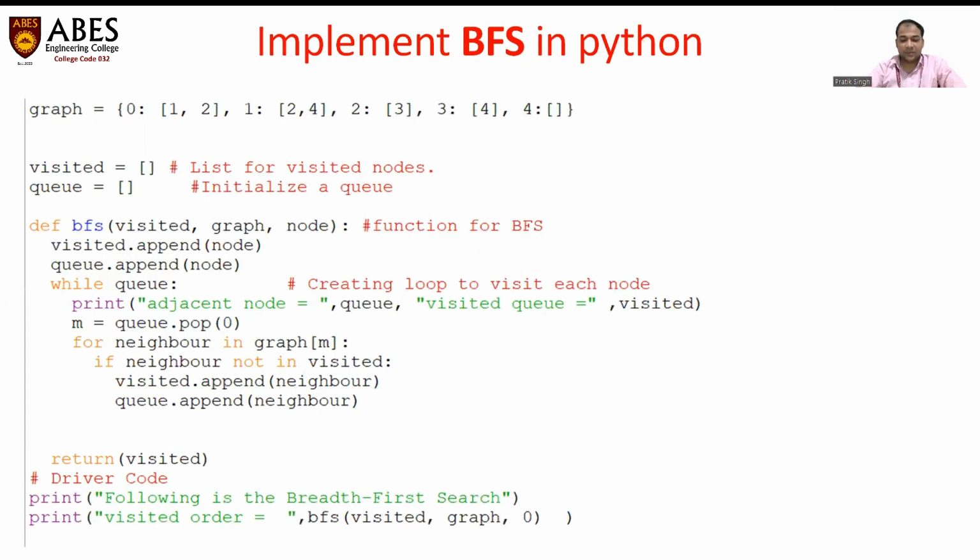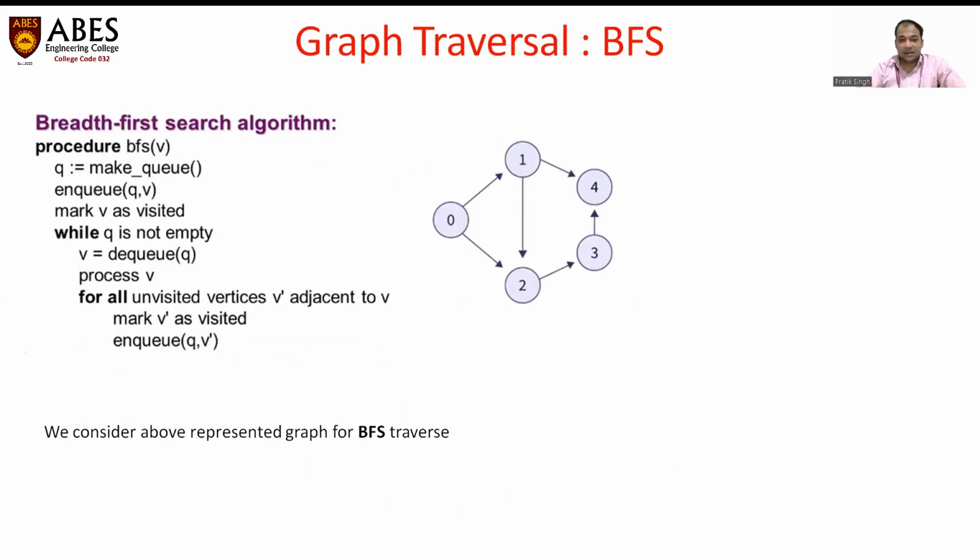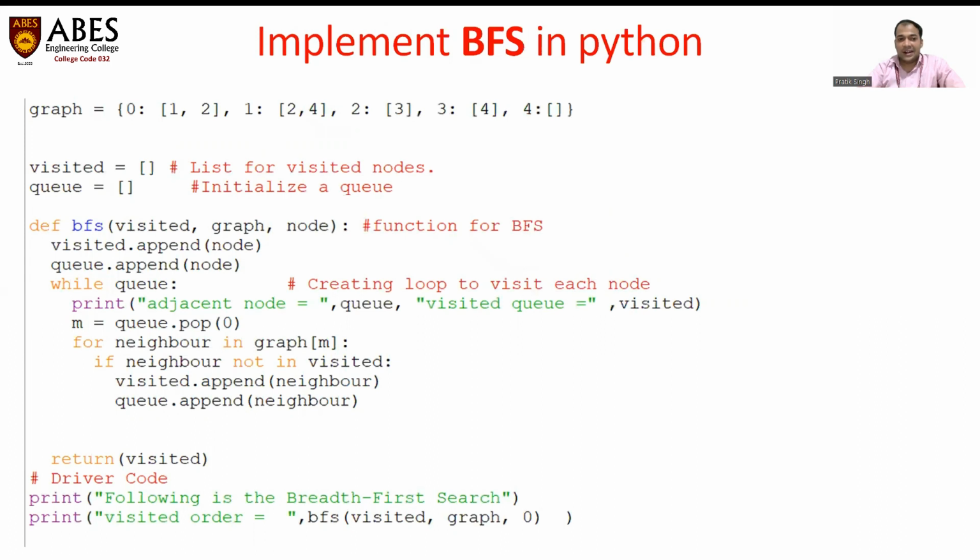In the given algorithm implemented in Python, to create the adjacency list, we use the data structure in Python called a dictionary. A dictionary has the concept of keys and values.